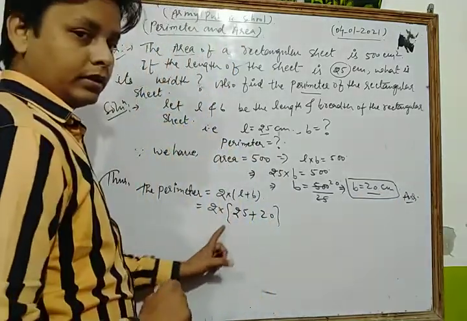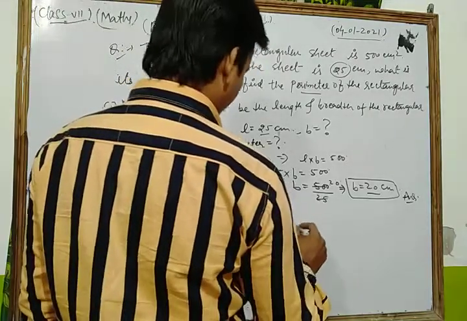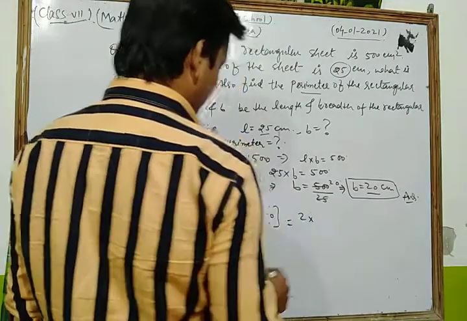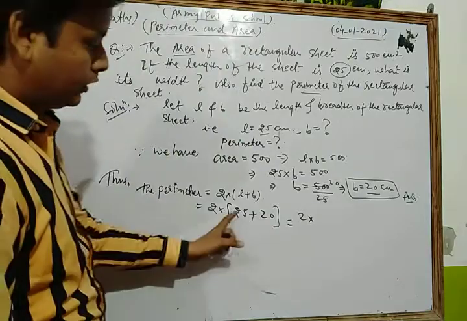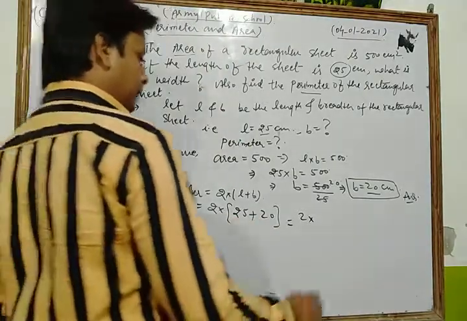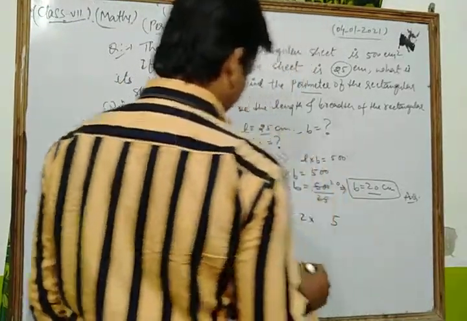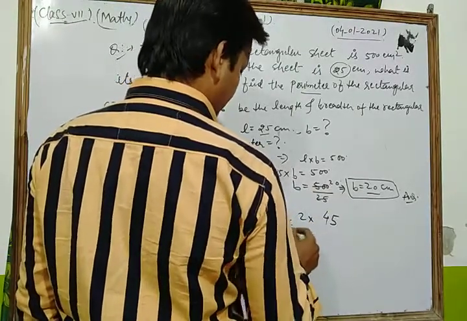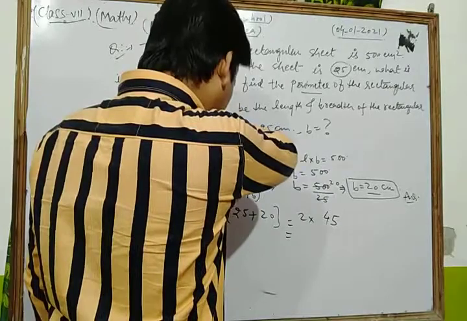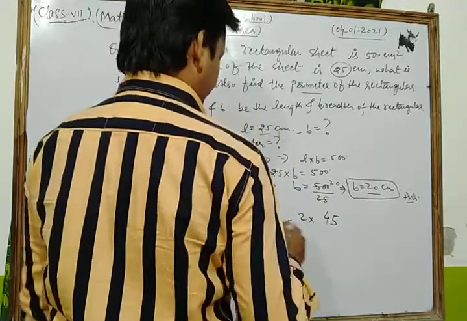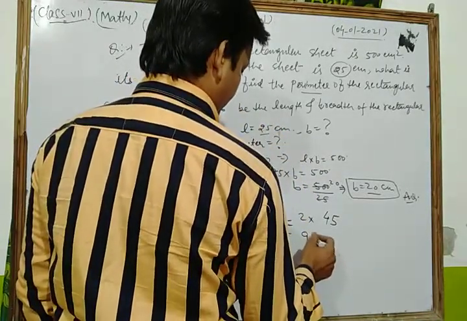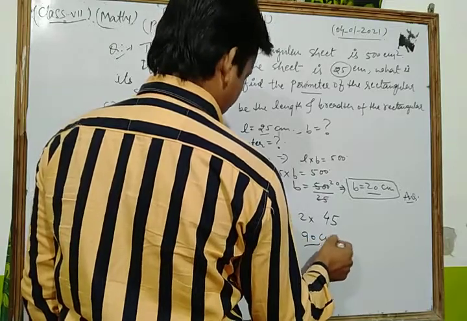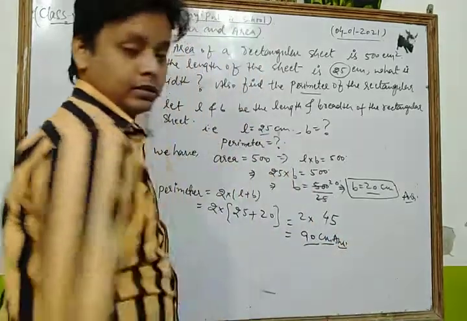Now we simplify. So we get 2 into 25 plus 20, that is 2 into 45, which is 90 centimeter. This is the other answer.